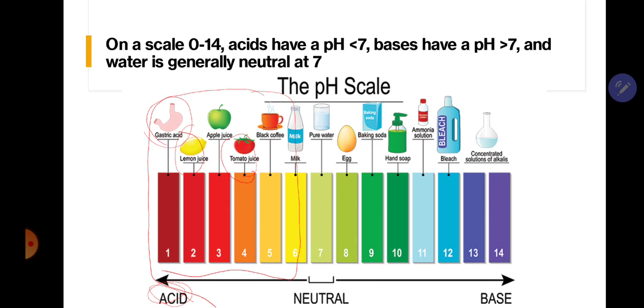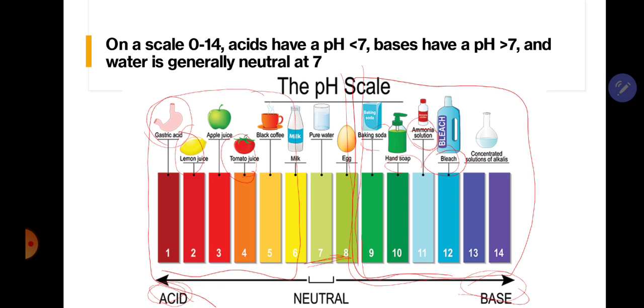Just be patient. On the other side of the scale, if you're greater than 7, from 8 to 14, you're considered a base. That's stuff like bleach, ammonia, that yellow smelly stuff that people use to clean, hand soap, baking soda. All of that stuff is super basic. It doesn't have a lot of hydrogens, but it has a lot of hydroxides.